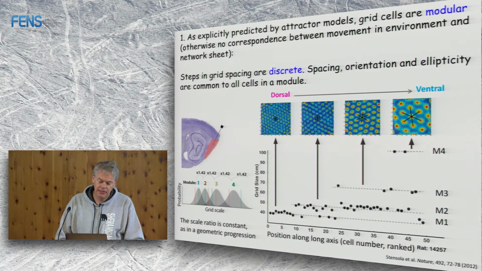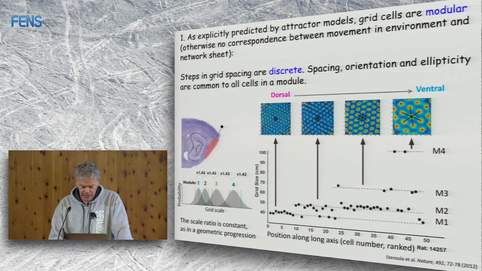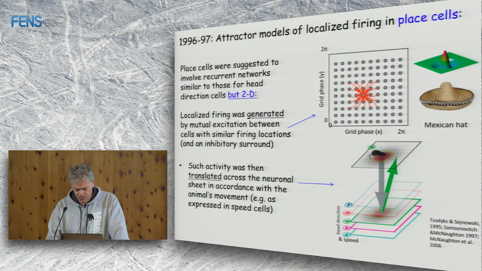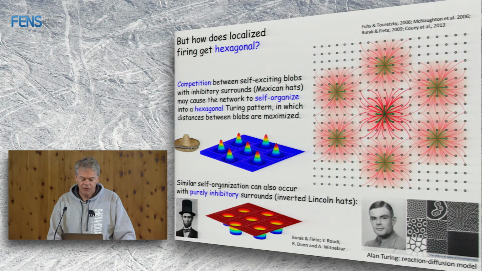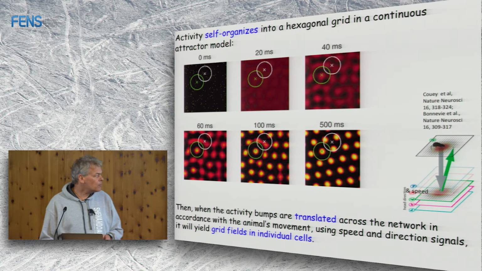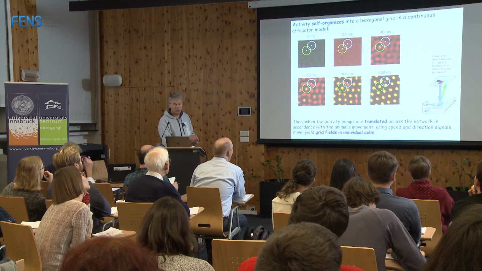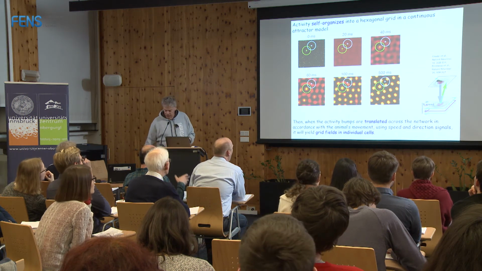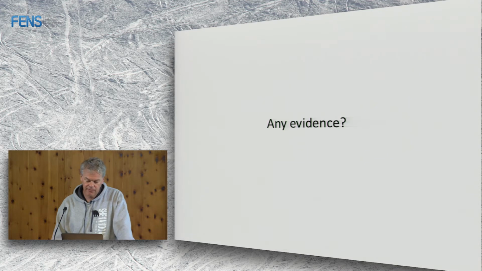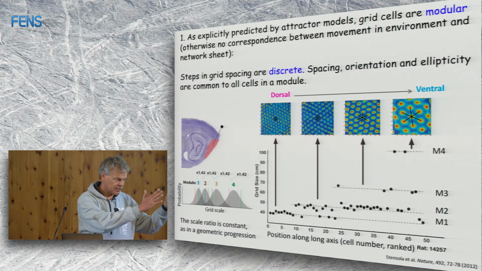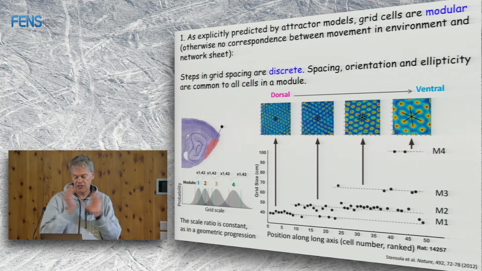So one is, if you have such a network, that I can just go back now to this. If you want to have correspondence between the movement in the outer world and the movement in the network, it would be very complicated if there wasn't some correspondence between how far the animal moves or what direction it moves and how far it actually moves in the network.